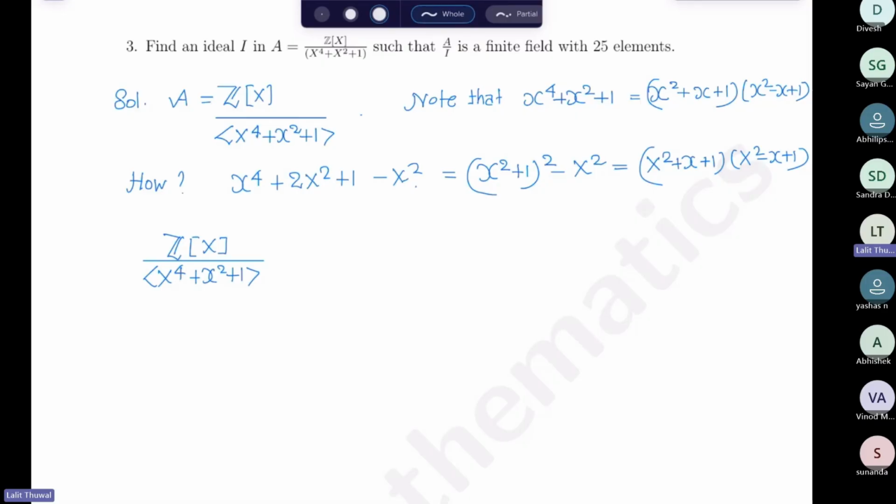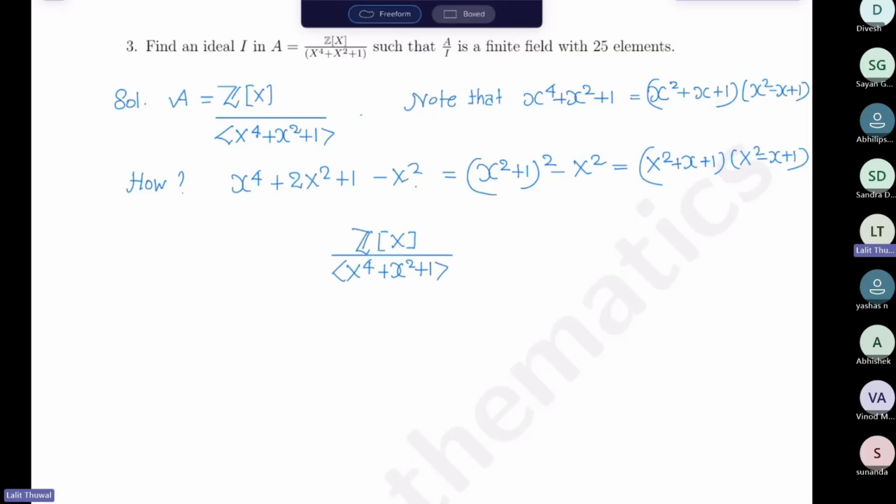So now, can you tell me some ideal of it? Some ideal of this ring. You need to think of those ideals of Z[x] which contain x to the power 4 plus x square plus 1. Right. So please let me know a few.